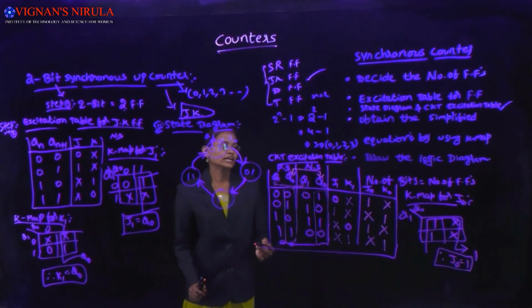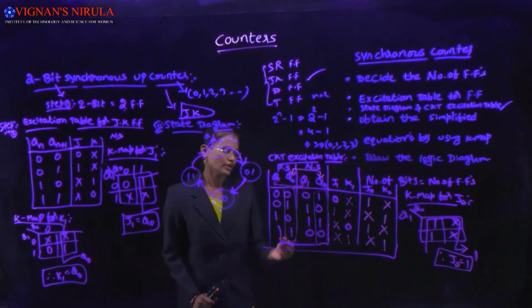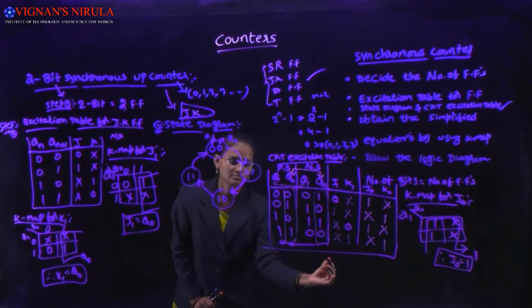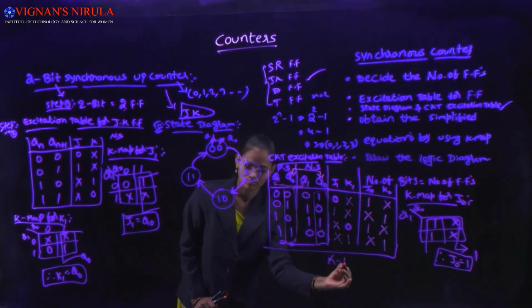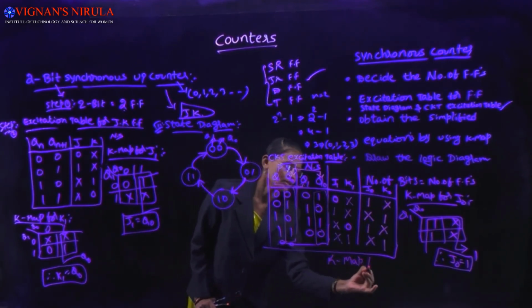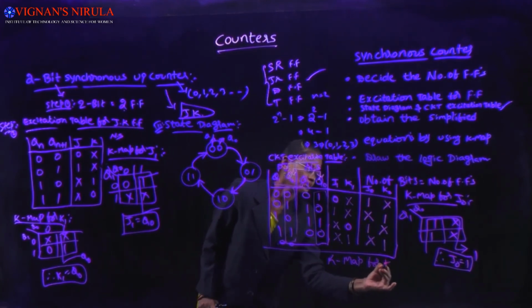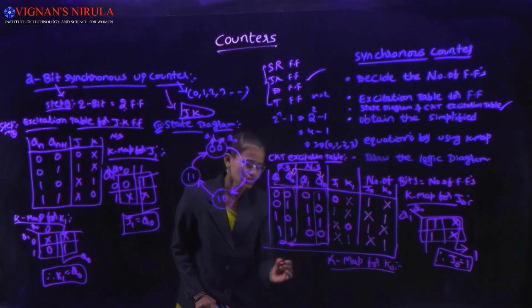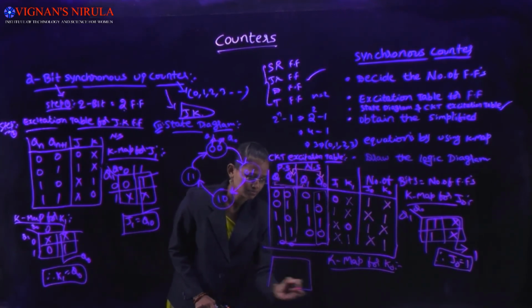And next, K-map for K0. Here also we are using 4 cells. This is Q1, Q0, 0, 1, 0, 1.